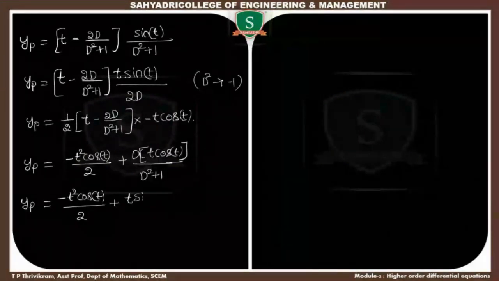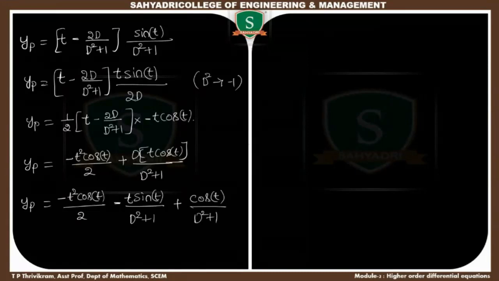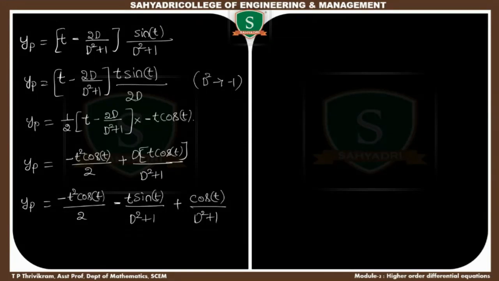I'll get minus t sin t divided by d square plus 1 plus cos t divided by d square plus 1. Correct. I have separated each term. So differentiation of t is 1. So 1 into cos t will get divided by d square plus 1.